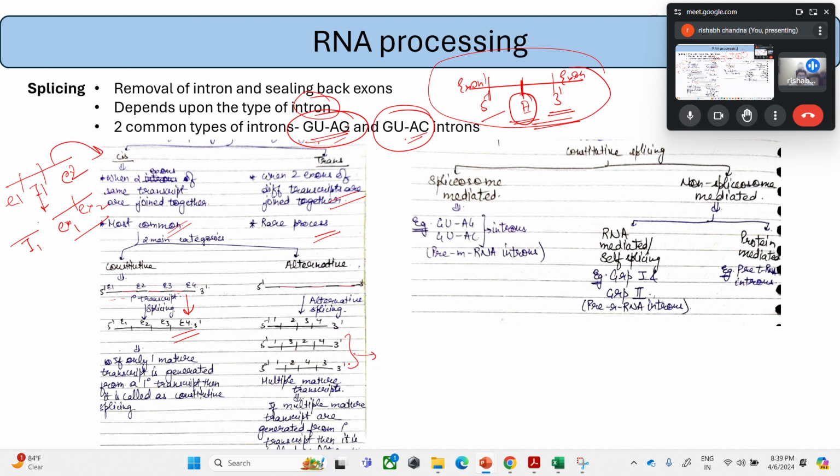Alternative splicing is based upon the type of organ in which the protein is being formed, because some proteins are bigger in some organs for specific functions, and smaller in others. So this is the role of alternative splicing, where different introns can also be retained in a particular transcript, and certain exons can also be skipped.